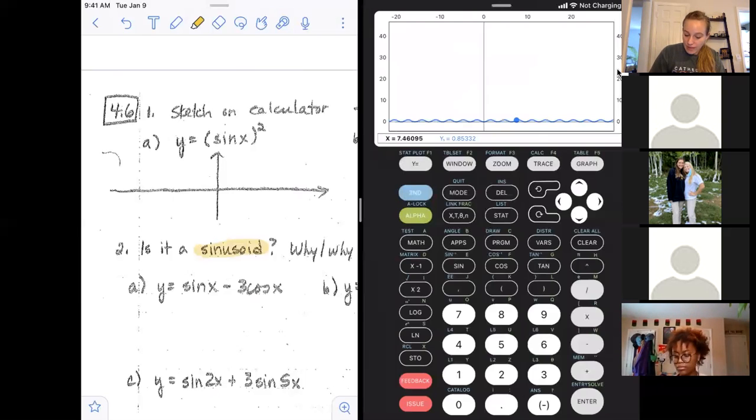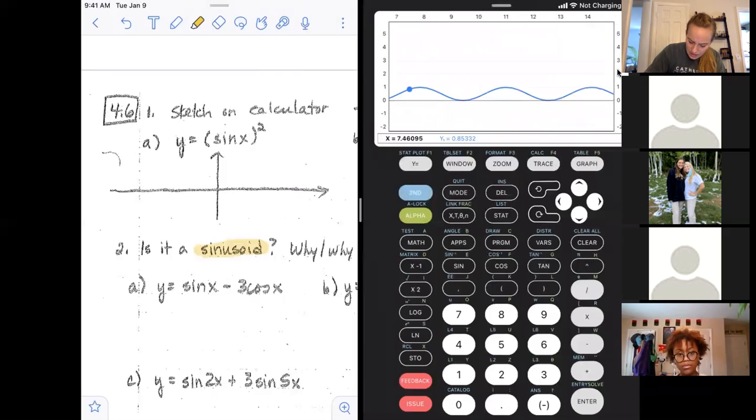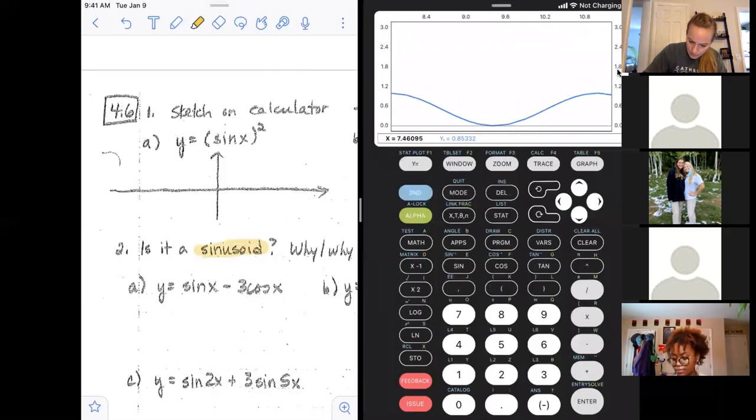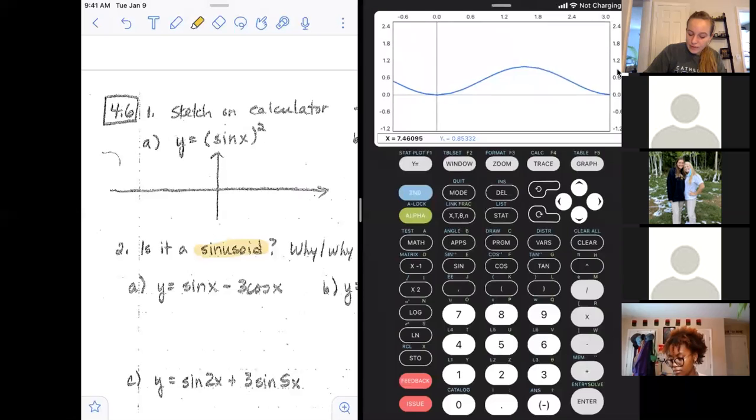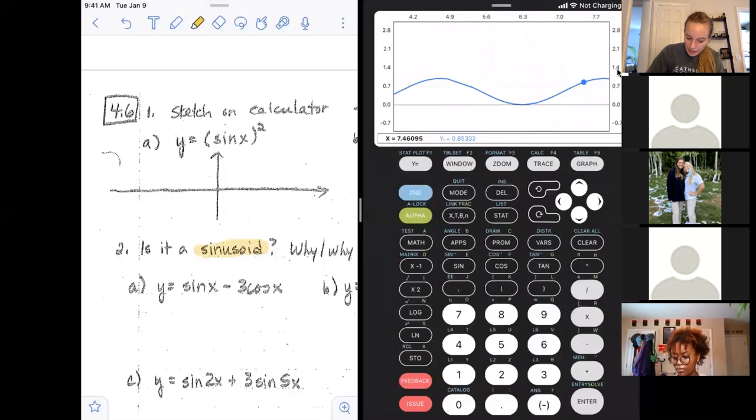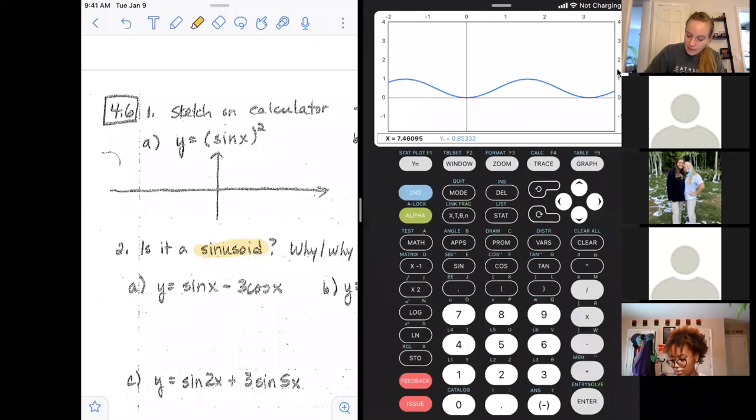So we're going to graph that now. I'm very far zoomed out, but as you can see, I've got this little sine curve now. As I zoom in a little bit, if I were to follow along with my graph, normally I just press trace on the calculator, but I can physically do it with my finger right here because of the calculator I'm using.